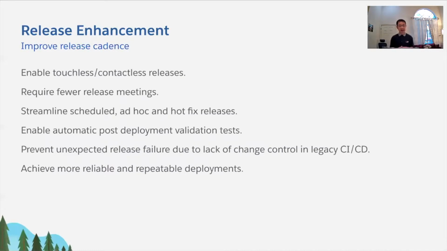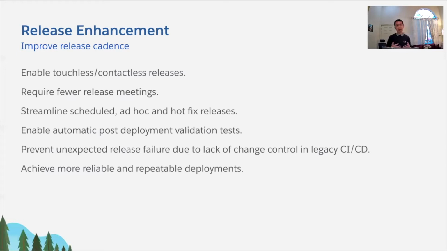During the release enhancement phase, with Spinnaker as the deployment orchestration tool, we are able to enable touchless, contactless releases. What I mean by that is, in the legacy environment, there are more coordinations and meetings to make sure that we release on time and that all the dependencies between pipelines are implemented and enforced.